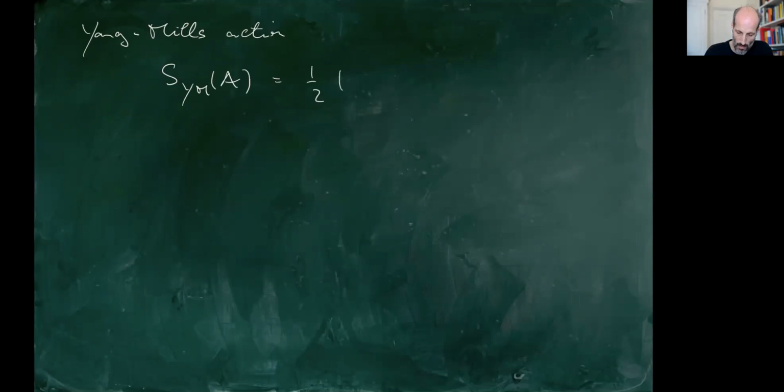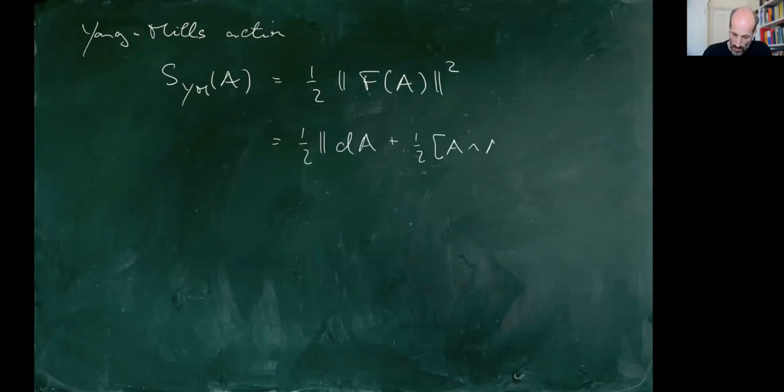The Yang-Mills action S_YM of A is just one half the norm of F of A squared, where F is the curvature, which one can also write as dA plus one half of A squared. The norm is an L2 norm in space, a sum of all the components, and in the Lie algebra you have to pick a norm which is invariant under conjugation.